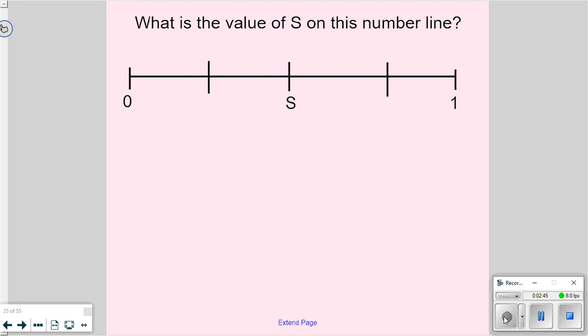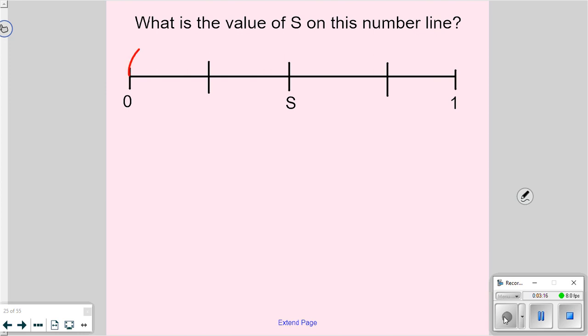It's not a trick question. 1, 2, 3, 4. So that tells me I'm counting by what? Macklin? I'm counting by fourths.